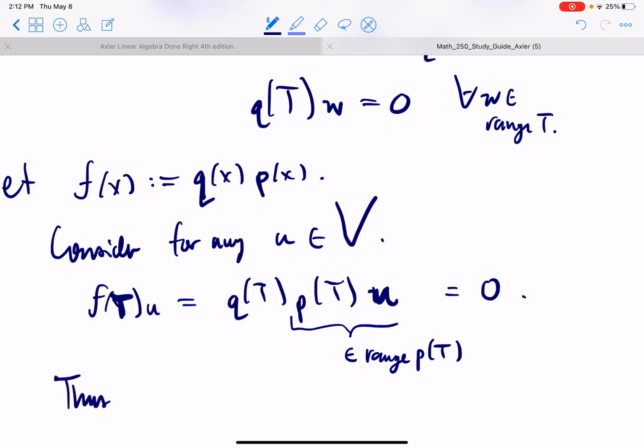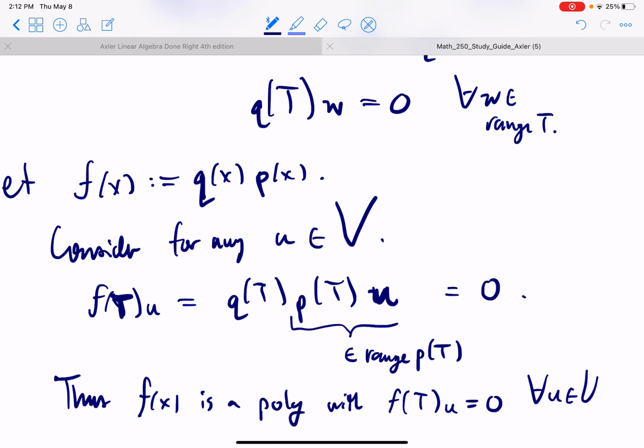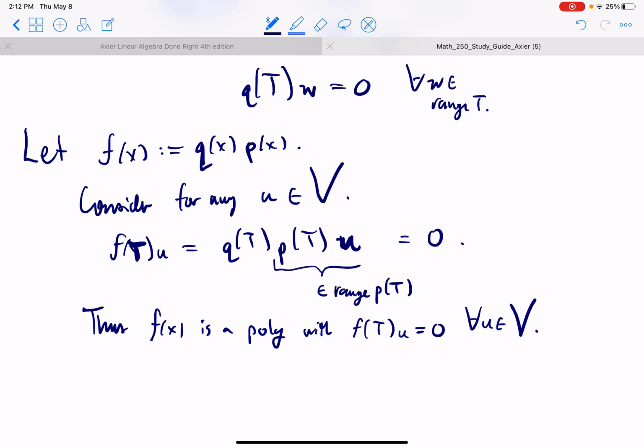Thus, f of x definitely exists, is a polynomial with f of t on u equals 0 for all u in the big vector space V. Okay, so now there exists some polynomial that's 0 on every vector.